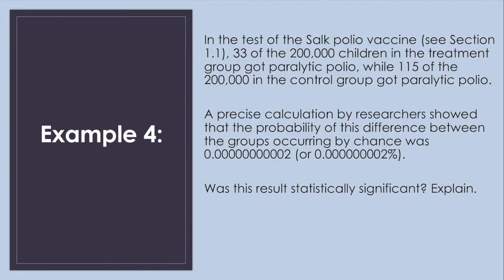So in the test of the polio vaccine, 33 of 200,000 children in the treatment group got polio, while 115 of those in the control group got polio.